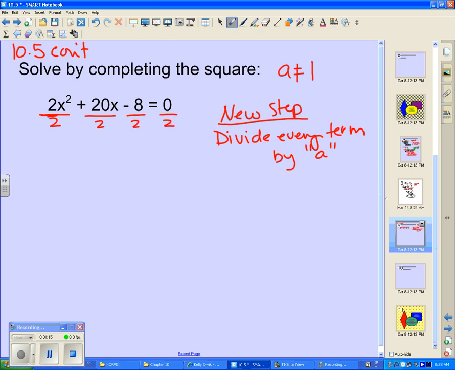I'm going to divide every single part by 2. Now it's just like the problems from yesterday.